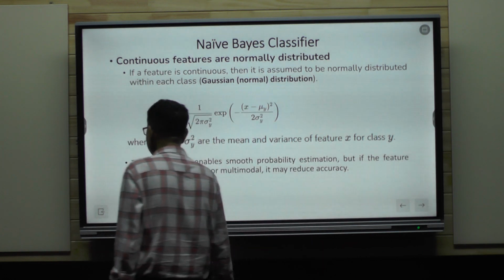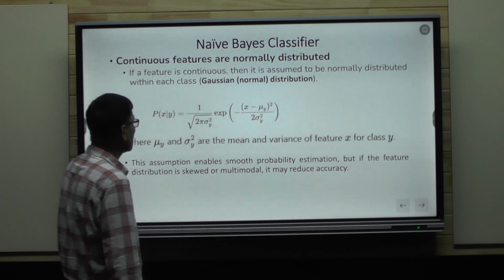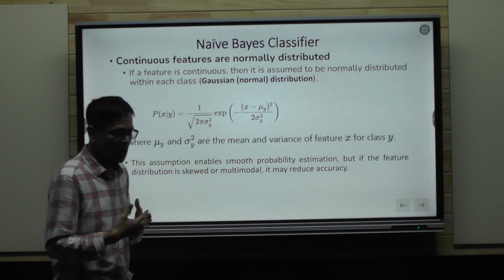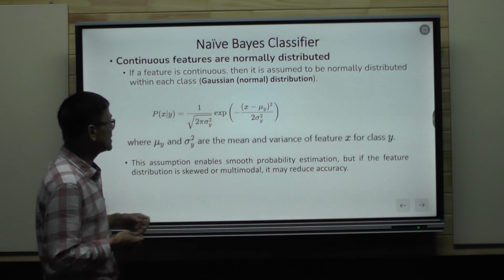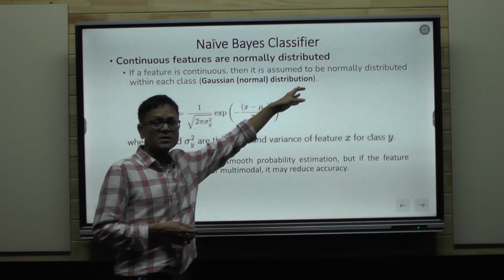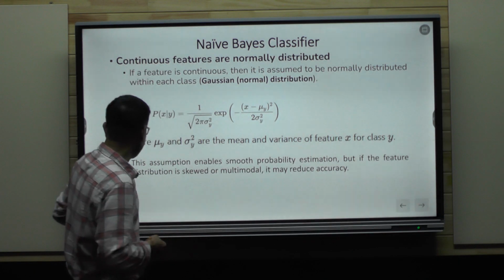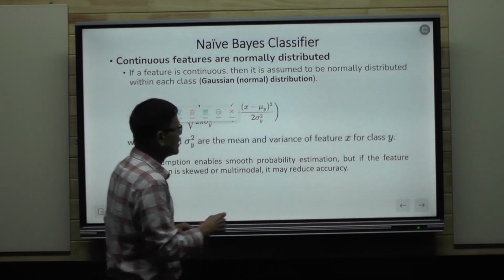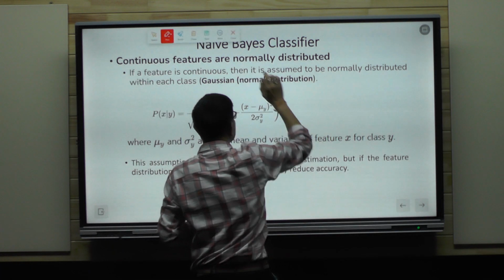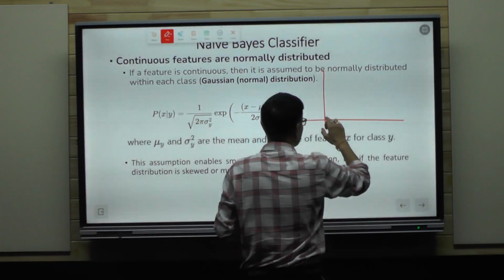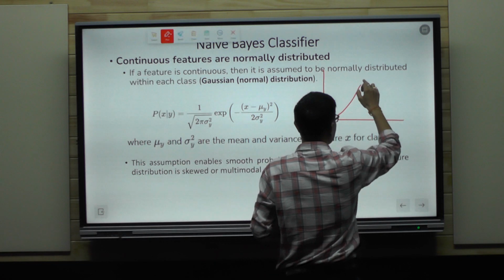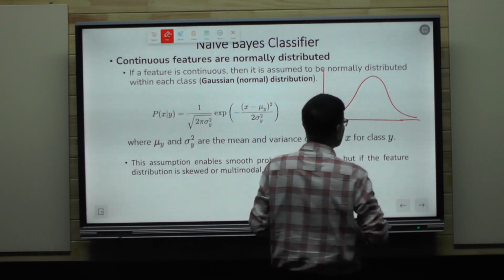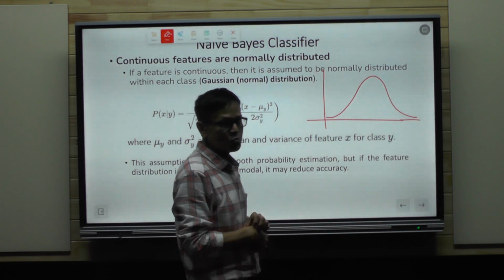Now for the continuous features, what is assumed is that each feature is normally distributed, that is, it assumes a Gaussian distribution. You have seen the bell-shaped curve. This bell-shaped curve is a normal or Gaussian distribution.